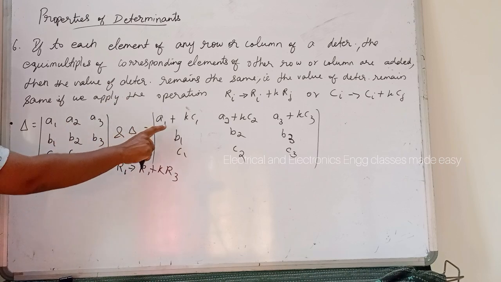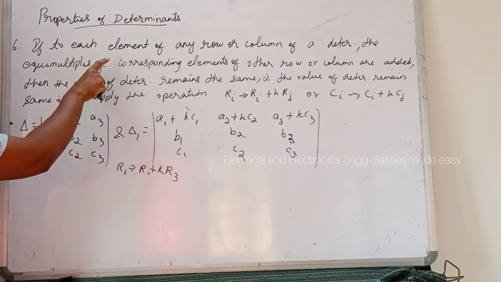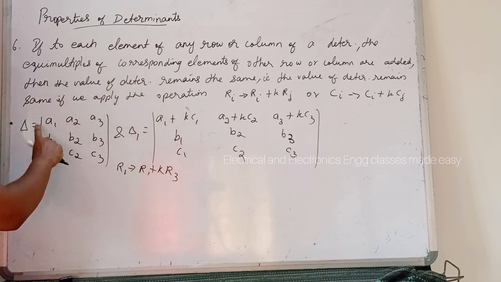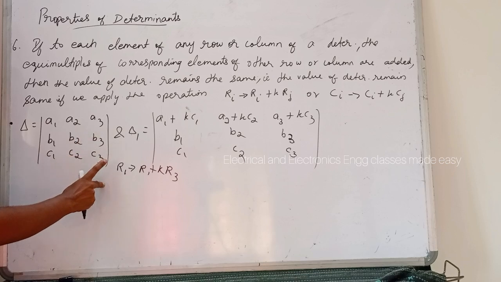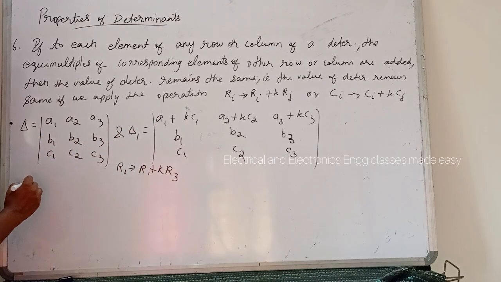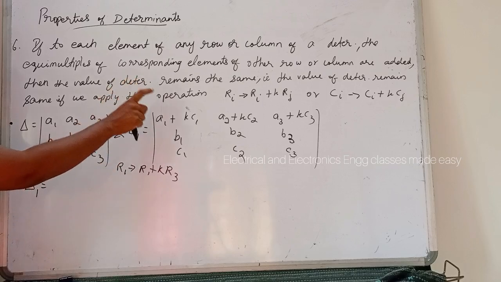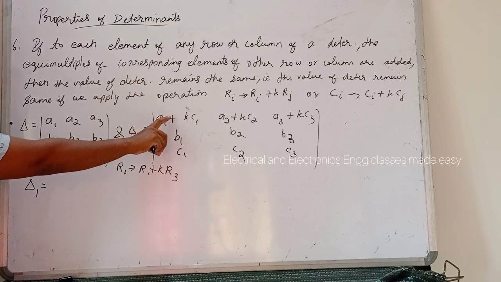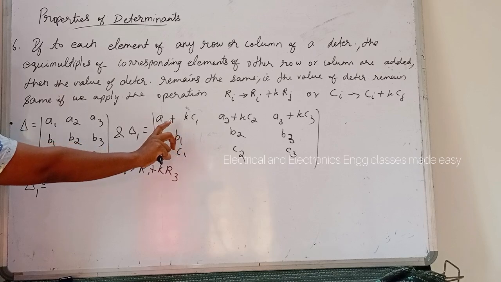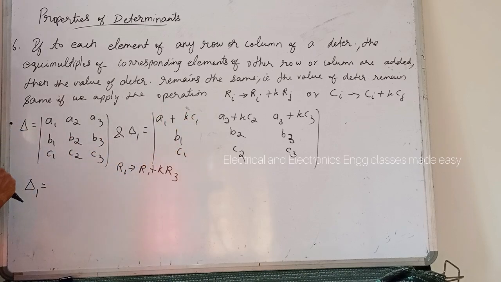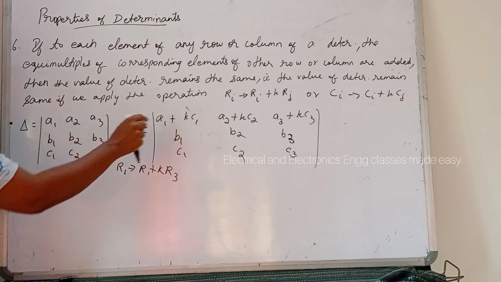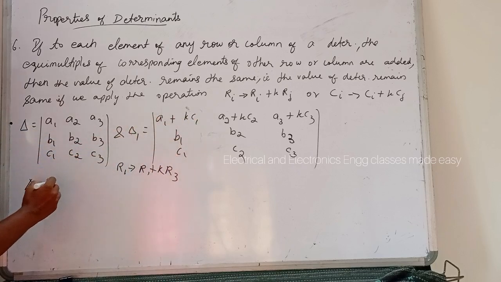And here, what is the property? If we add like this, then the determinant value will not change. So let us check that. Here delta 1 can be written like this. By the property 5 we can split this one, that is A1, B1, C1 like that.